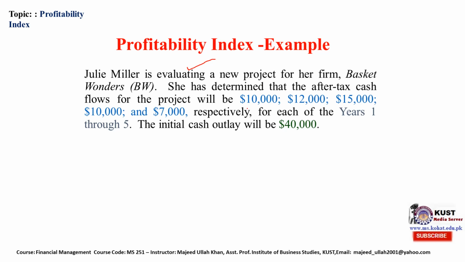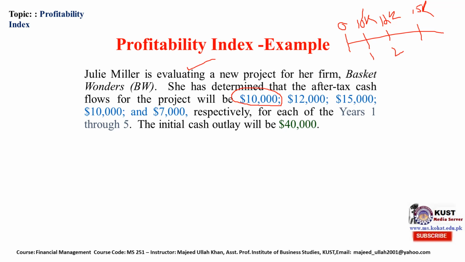She has determined the after-tax cash flow for the project will be, this is the estimated future cash flow of the project, $10,000 for the first year. This is year 0, this is the first year, so it is 10,000. This is the second year, 12,000, 12K. Then the third year, 15,000, 15K will be the cash flow.